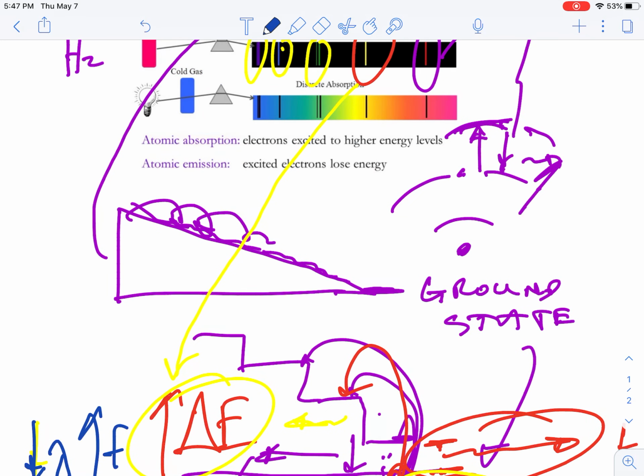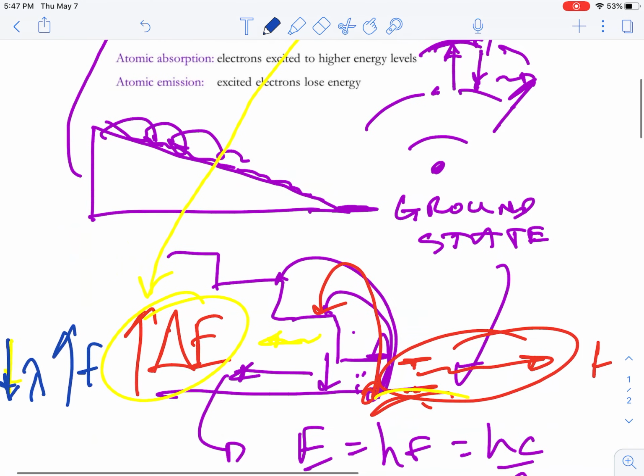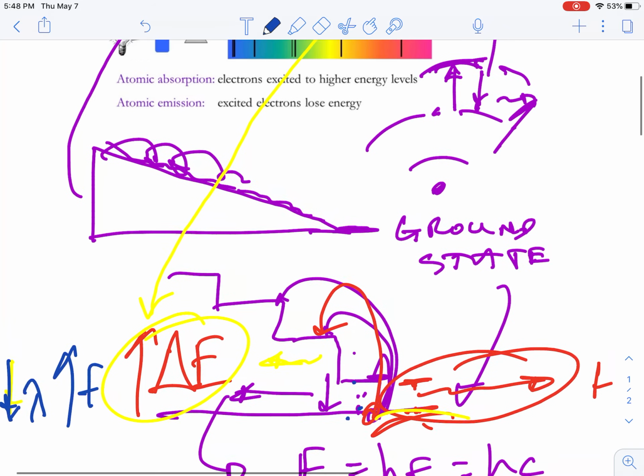But, and this is the most important thing that you have to get, because you are only seeing distinct bands of light, that means the electron is existing in only distinct energy levels. It's not a continuous spectrum.